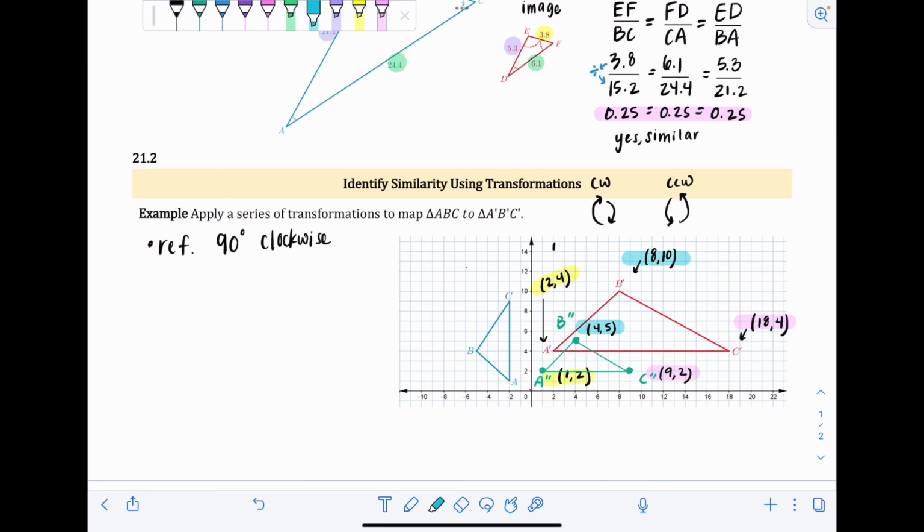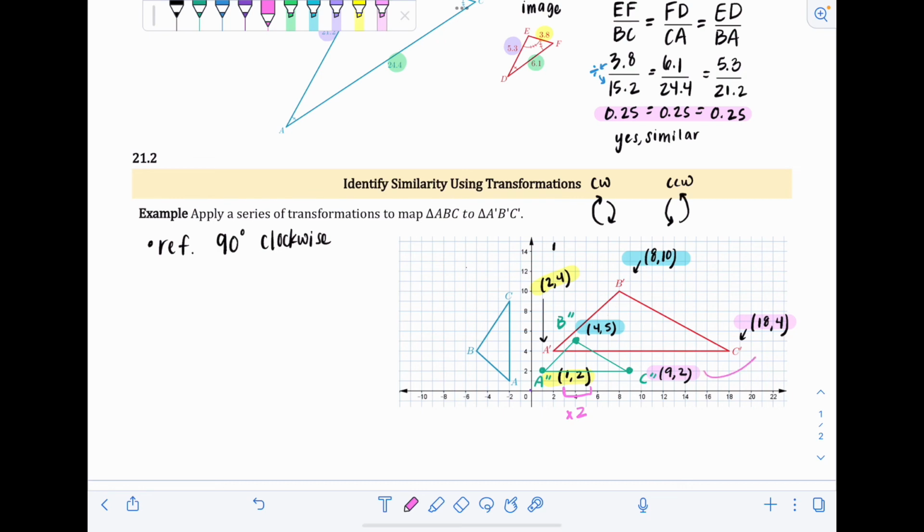So there's a very specific thing happening to both the X and the Y coordinates. They're doubled. If I take 1, 2, and I multiply it by 2, I get 2, 4. Or if I take 4, 5 and multiply each the X and the Y by 2, I get 8, 10.